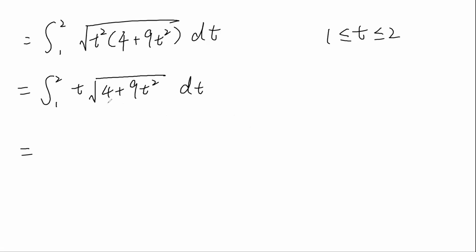Because there is a 4 plus t squared inside the square root function, and there's a t dt outside, that usually indicates you have to use u substitution, and the u should be a function of t squared. In this case, it's very convenient to just let u equal 4 plus 9t squared.